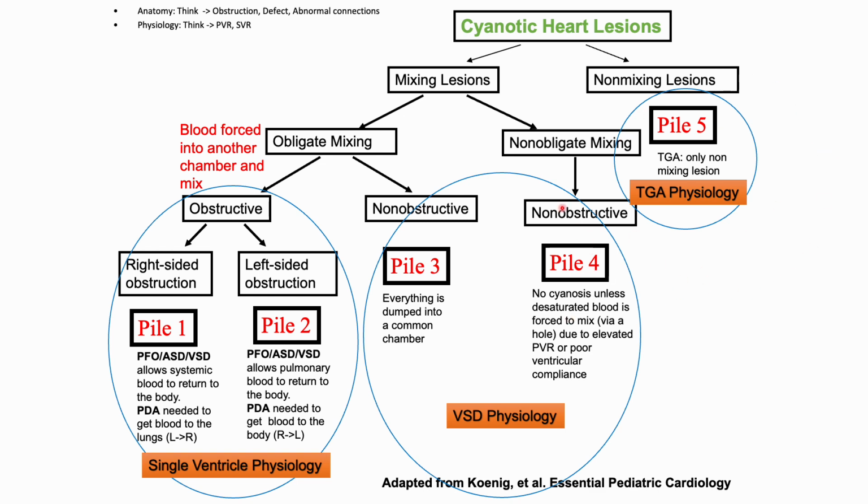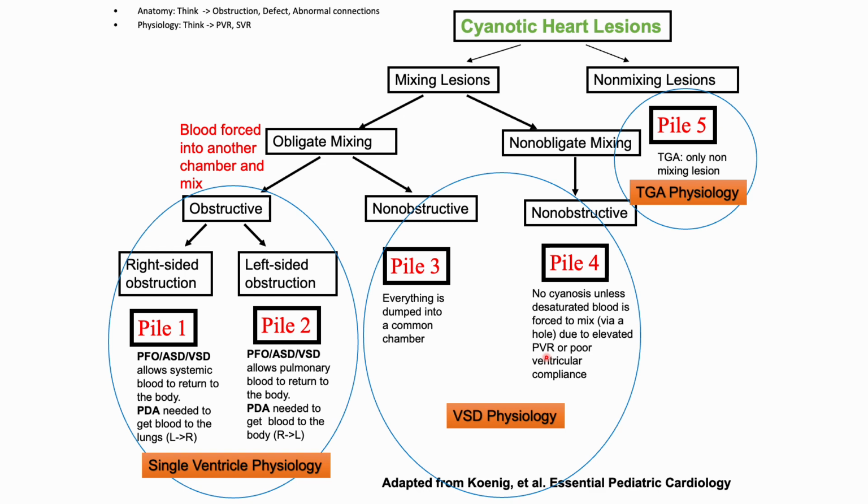Then you have these non-obstructive lesions where basically everything is either dumped into a common chamber or blood makes its way from left to right without obstruction, so it primarily does not result in cyanosis unless the PVR is high. Those will be the VSD physiology type. And VSD physiology by itself is not considered cyanosis.